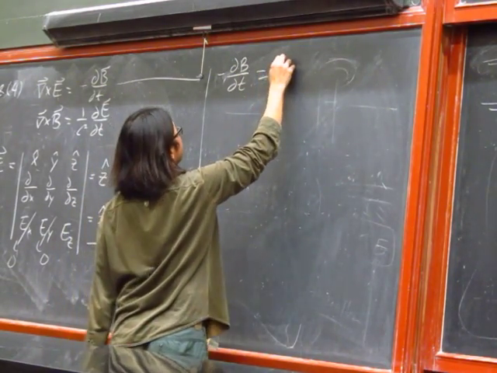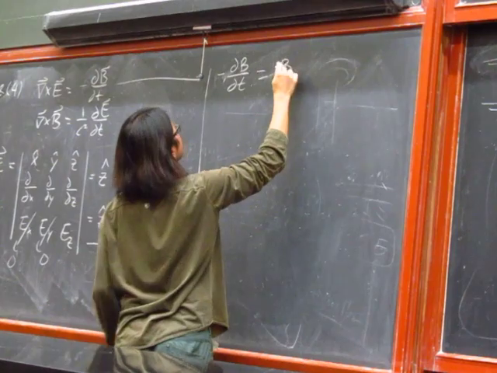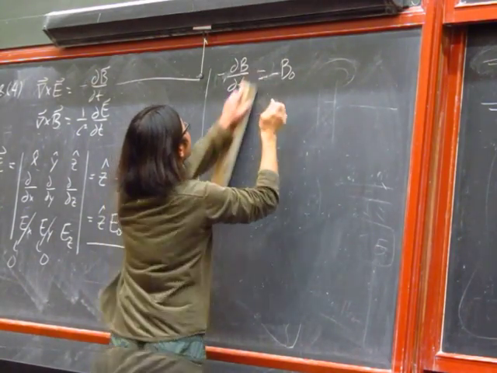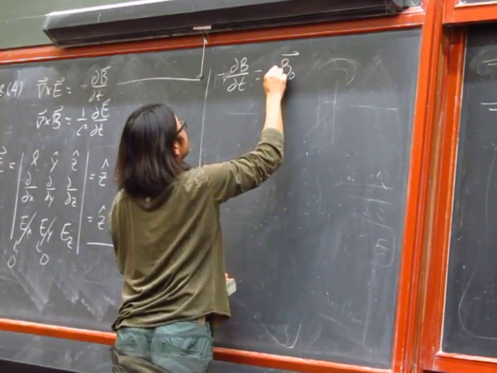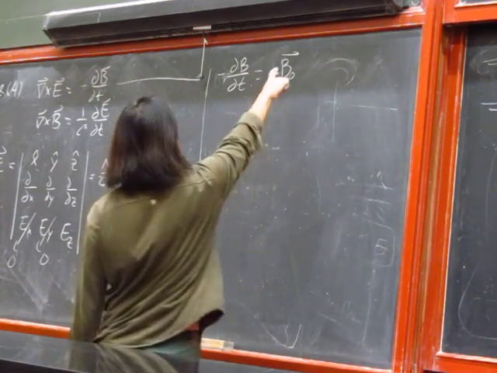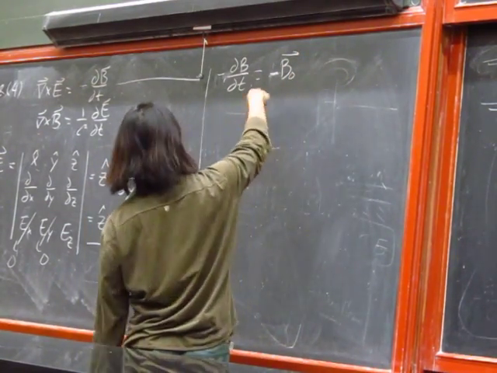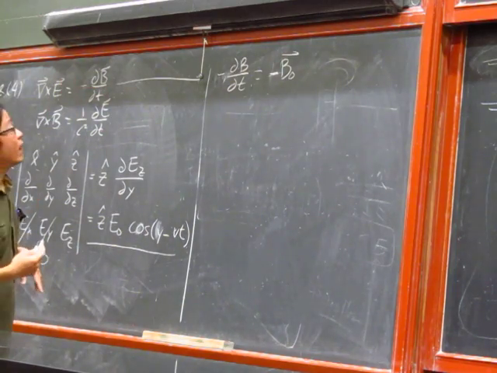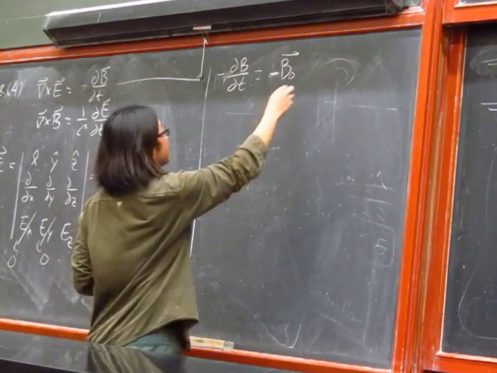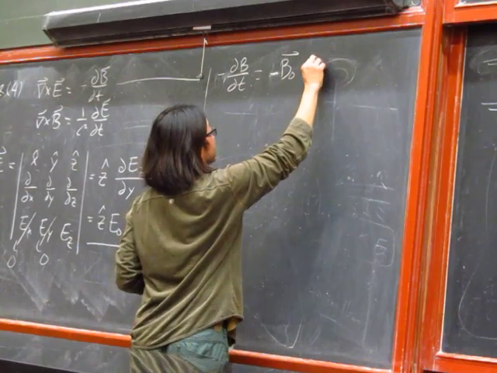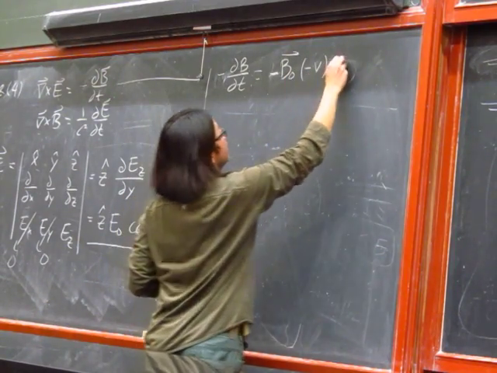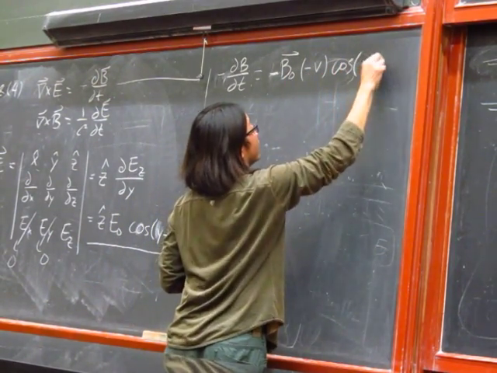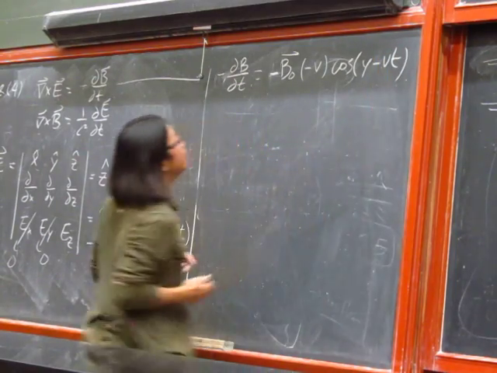I have B naught with a minus sign, keeping it as a vector. Then I differentiate sine of (ky minus vt) with respect to time. I get a factor of minus v cosine of (y minus vt).